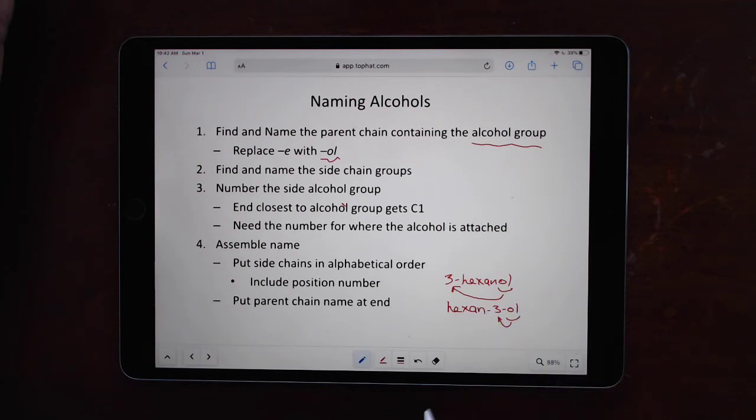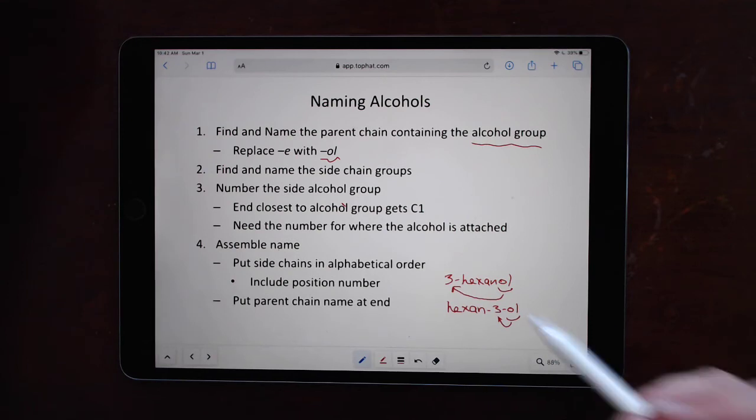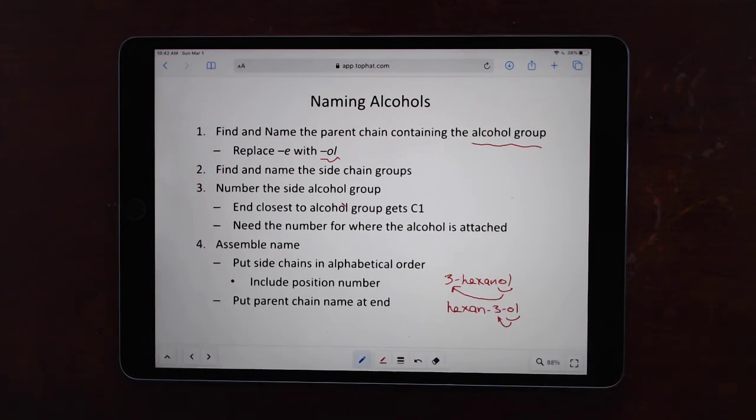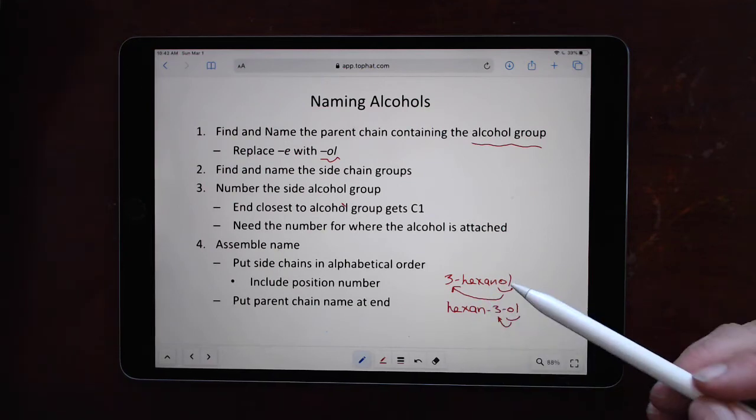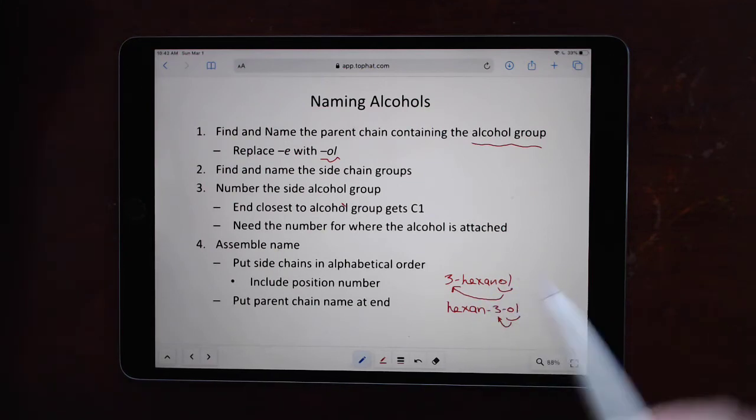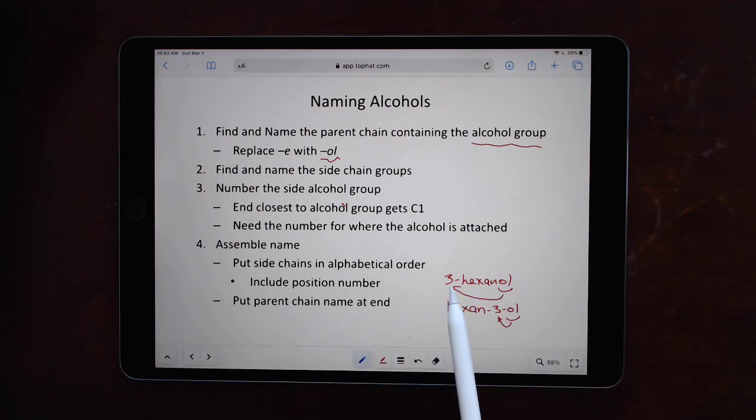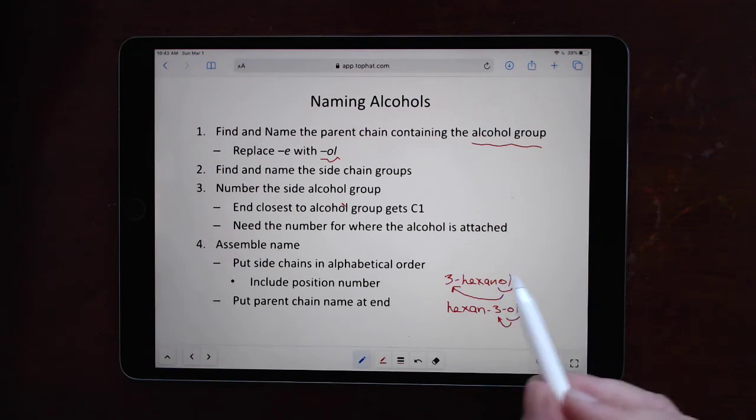Okay. This is the newer method of doing it, and you'll see why once we start combining functional groups, why you'd want to do that. But I don't care which one you use. You can use either one for the main chain. But we do have to say where that alcohol is. We don't write alcohol in the name. So that's what the OL is for.